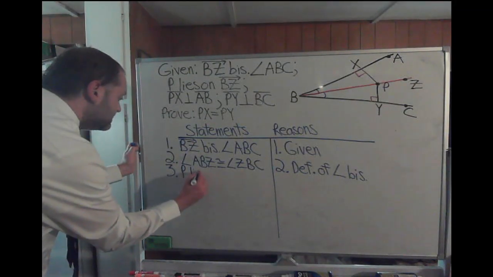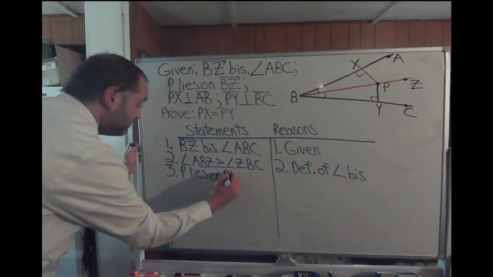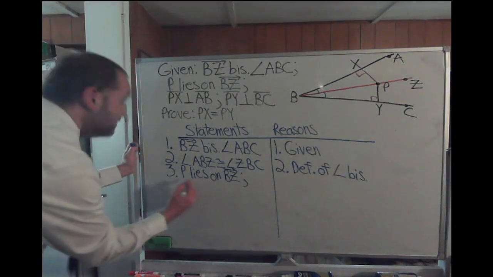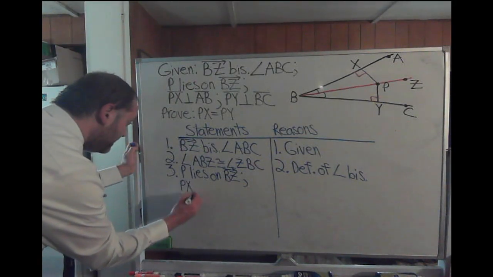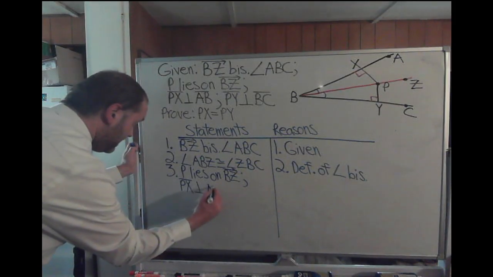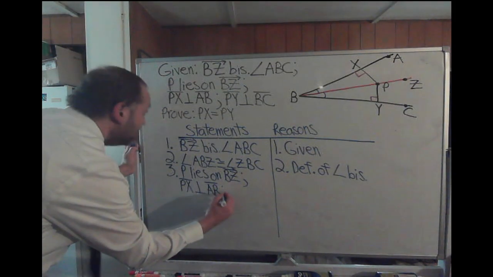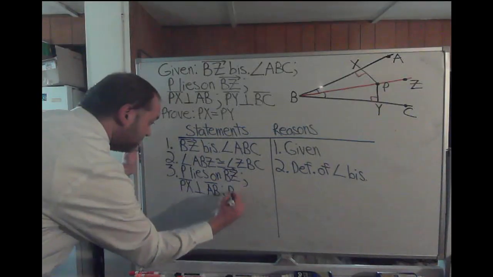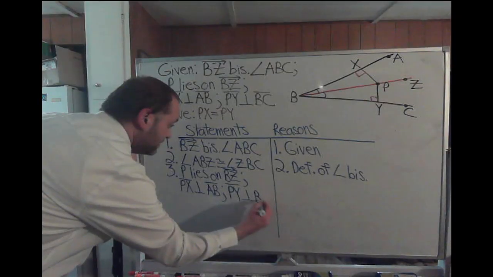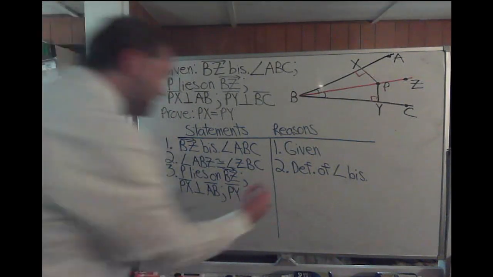P lies on BZ, ray BZ I should say, and then line segment PX is perpendicular to line segment AB, and line segment PY is perpendicular to line segment BC. That's going to be given to us.